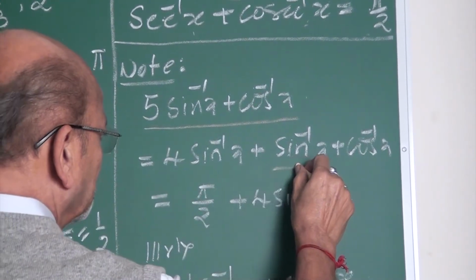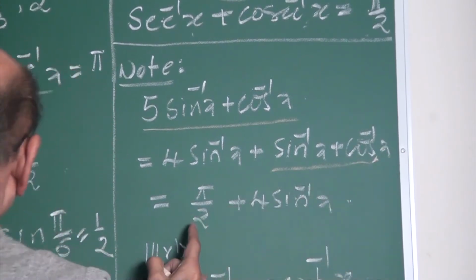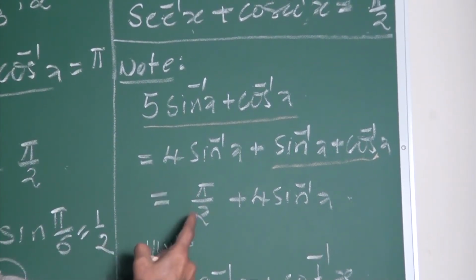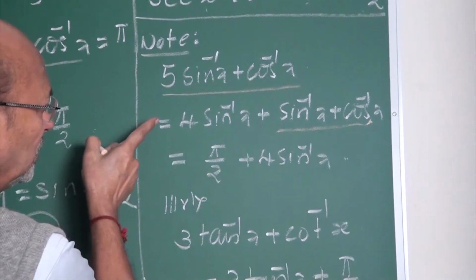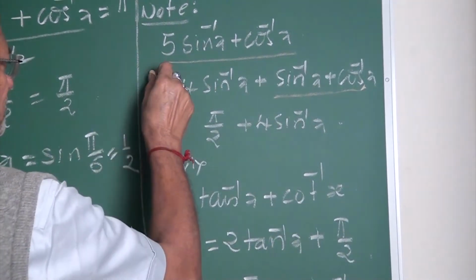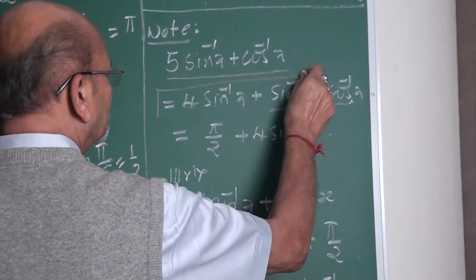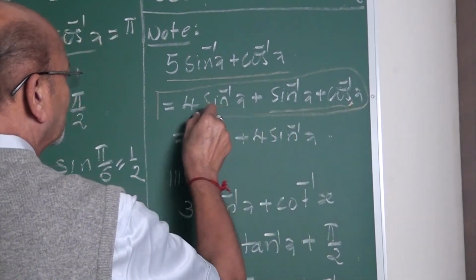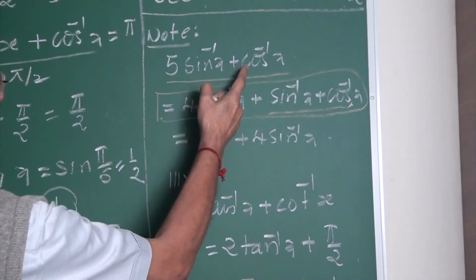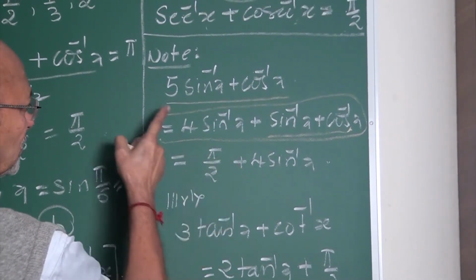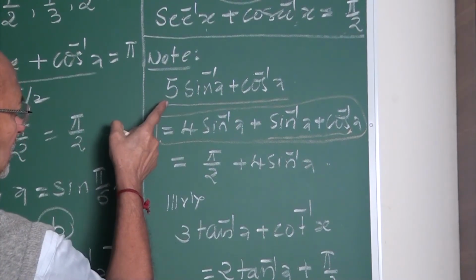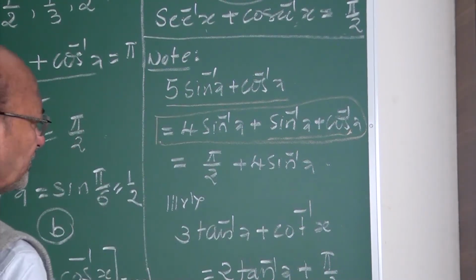What is sin inverse x plus cos inverse x? This is pi by 2 plus 4 sin inverse x. Without this step, directly we can write the answer: 5 sin inverse x plus cos inverse x is pi by 2 plus the number one less.